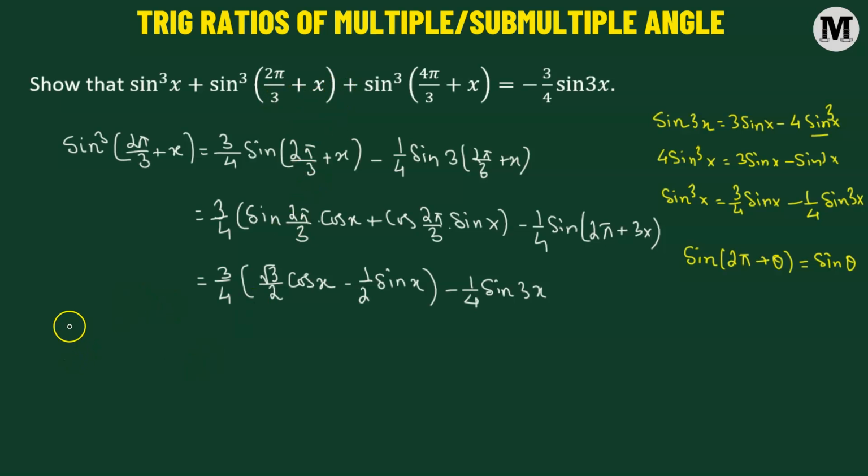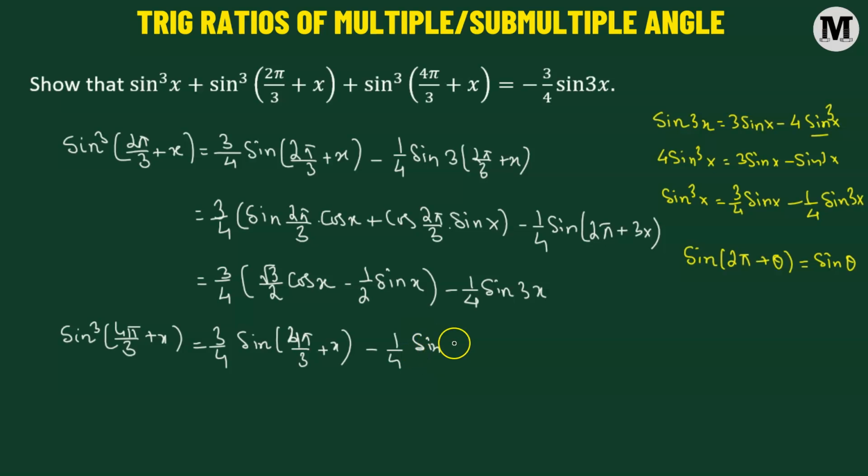Now let's go to the third term. We have sine cubed of 4 pi over 3 plus x, which will be equal to 3 over 4 times sine of angle 4 pi over 3 plus x, since our angle is 4 pi over 3 plus x, minus 1 over 4 times sine of angle 3 times 4 pi over 3 plus x.